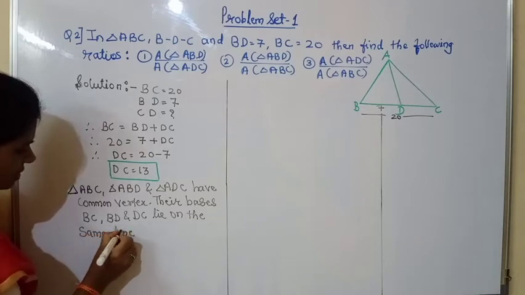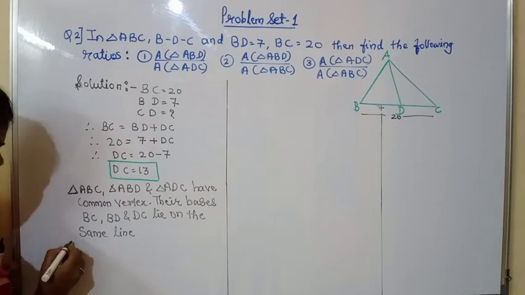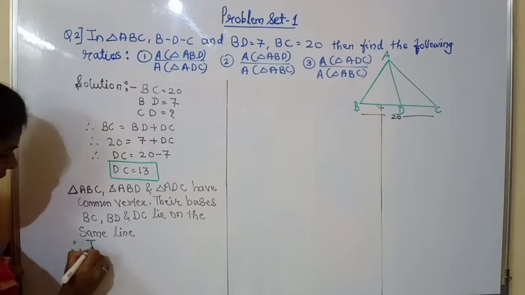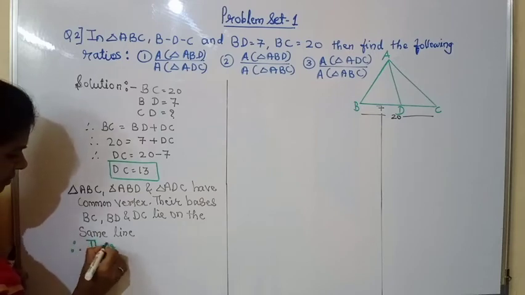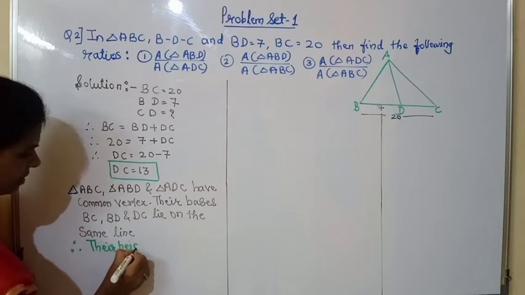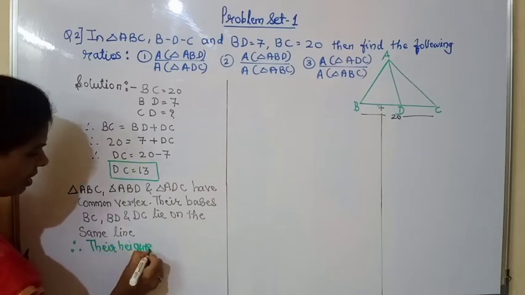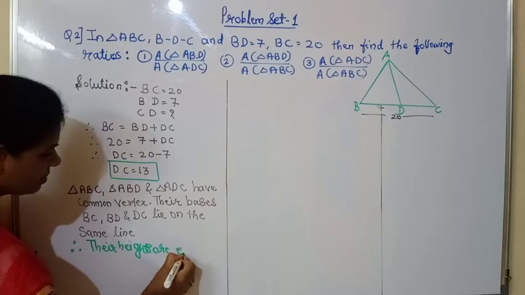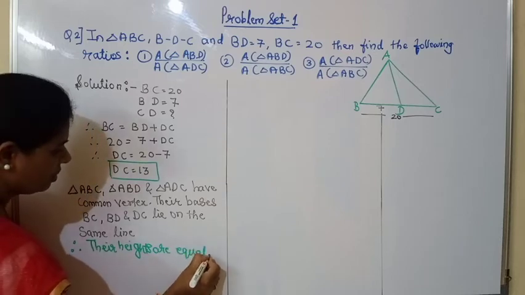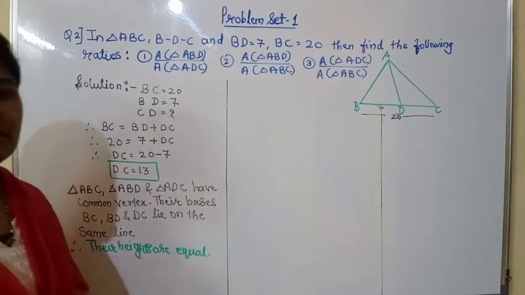And due to this, what is happening? Therefore their heights are equal. Their heights are equal. Okay, so now we are going to write the statement.